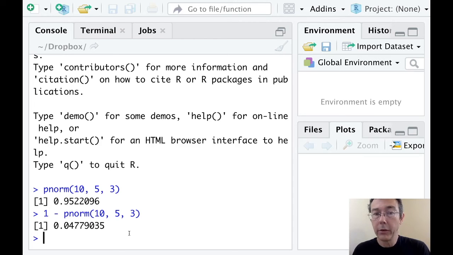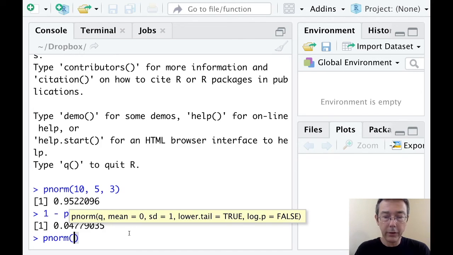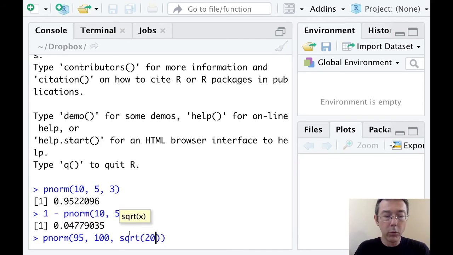Next, we want to consider the normal distribution with mean 100 and variance 20. And we want the probability that x is between 92 and 95. So first of all, let's get the probability that x is less than or equal to 95. That's the upper limit. We're in a normal distribution with mean 100 and standard deviation square root of 20 because the variance is 20.